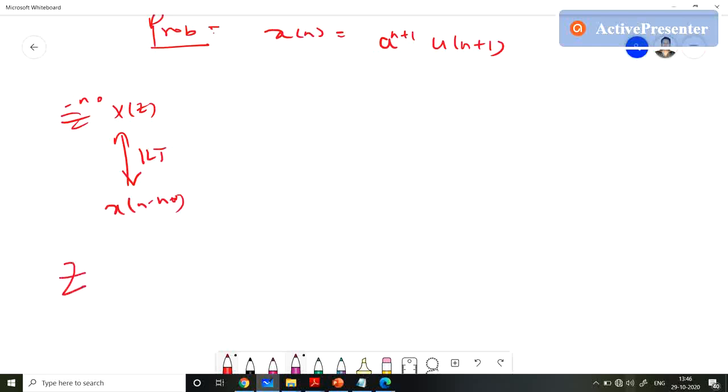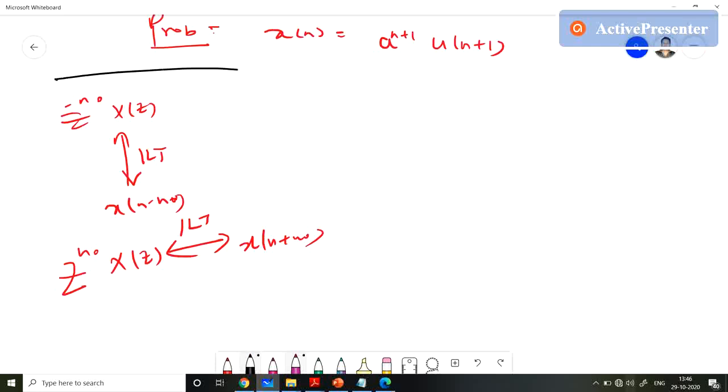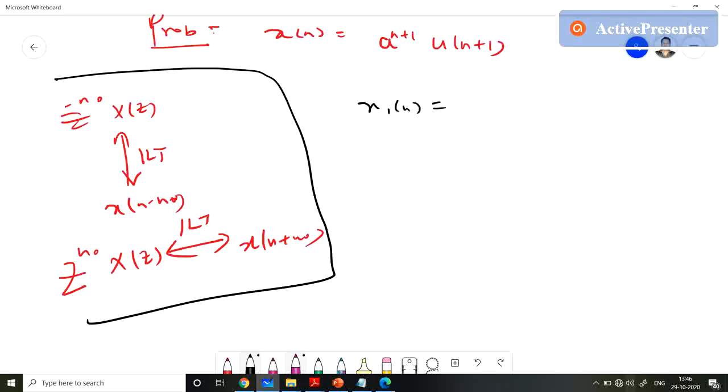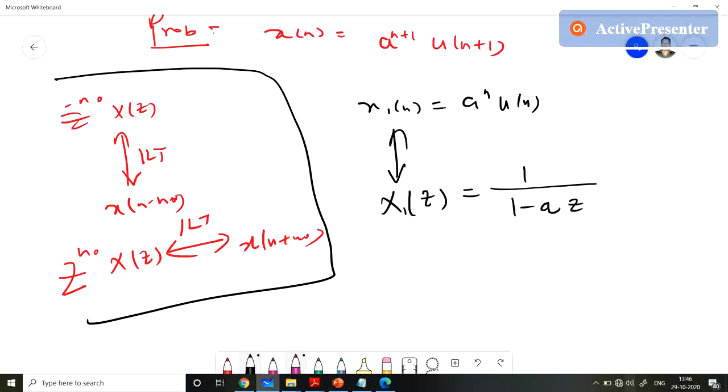Now if we multiply z raised to the power n naught with X(z), then the inverse transform will give us x[n plus n naught]. So we can use this relation. We have x1[n] equals a raised to the power n u[n], and the z transform is X1(z) equals 1 divided by 1 minus a z inverse, and the ROC is modulus of z greater than modulus of a.